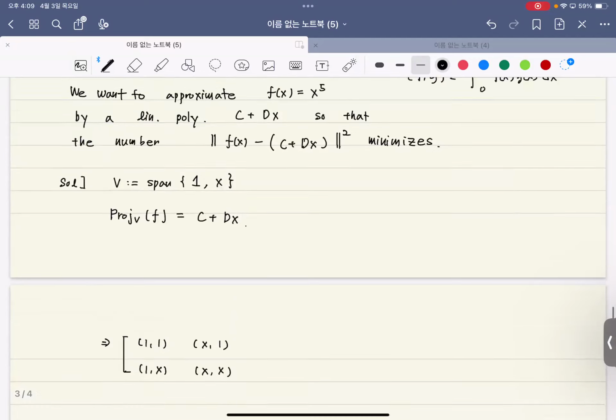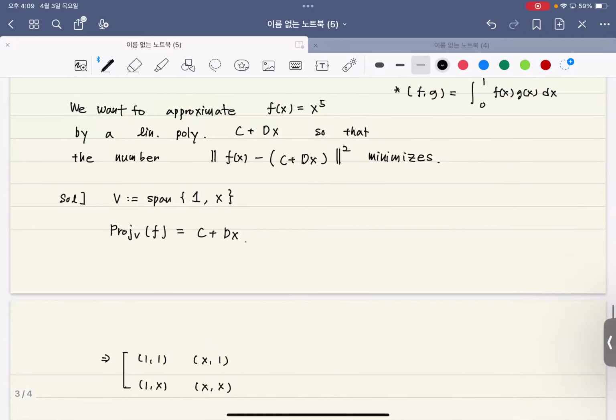There's a variable in there, x, so what are we minimizing? Oh, sorry. The variables here are c and d, not x. Thank you for pointing this out. I have to clarify this.